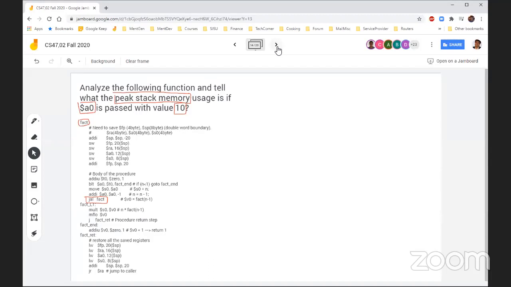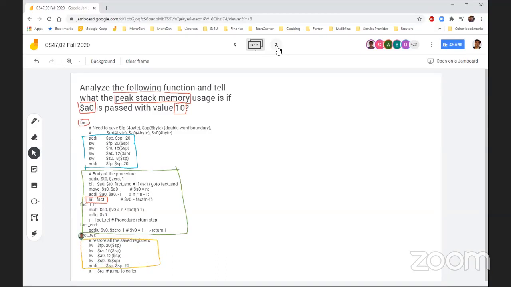It seems like this part is my RT storage, and this part is my body, and also this part is my RT restore, right?